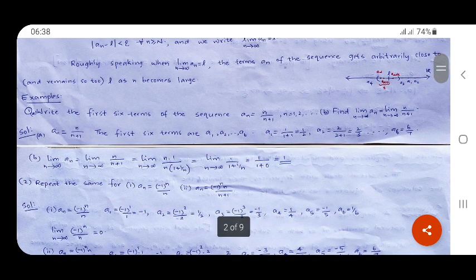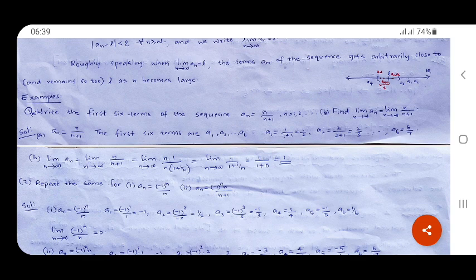As the second part, you have to find the limit. So the limit as n tends to infinity of an is equal to the limit as n tends to infinity of n over n plus 1. You take the highest degree term of the numerator outside and that of the denominator outside. So n is the highest degree term in the numerator, and in the denominator n is the highest degree term.